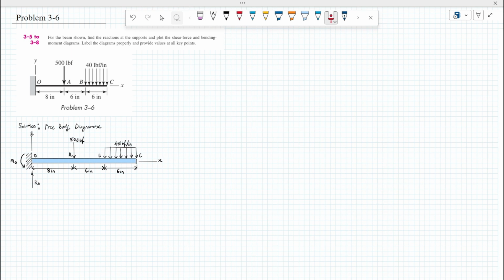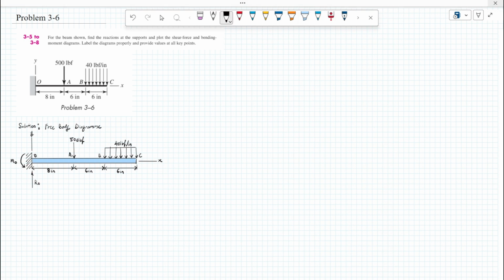Logically, without this bending moment at point O, if we only consider the forces going downwards, the whole thing would rotate until here, which doesn't make sense because we are sticking this beam onto the wall. That's why we have a bending moment at point O. So now we have put the reaction forces RO and MO at point O.